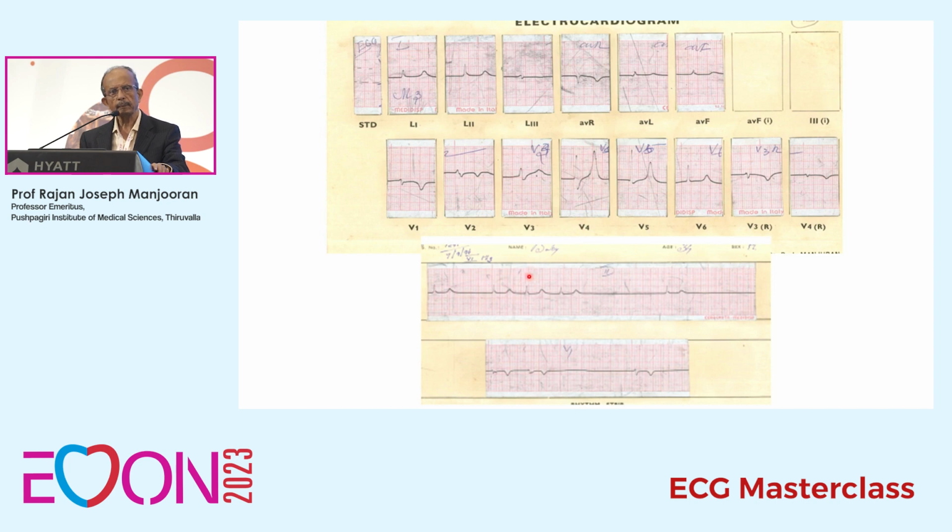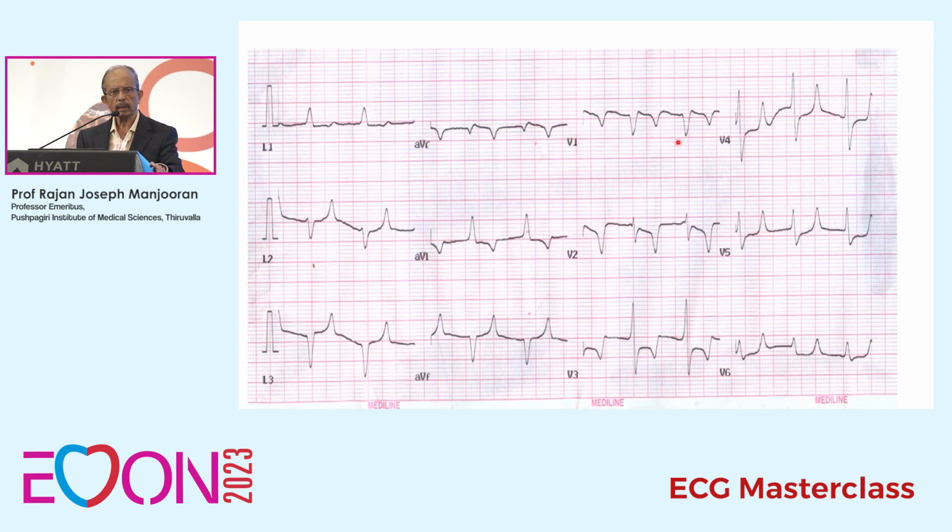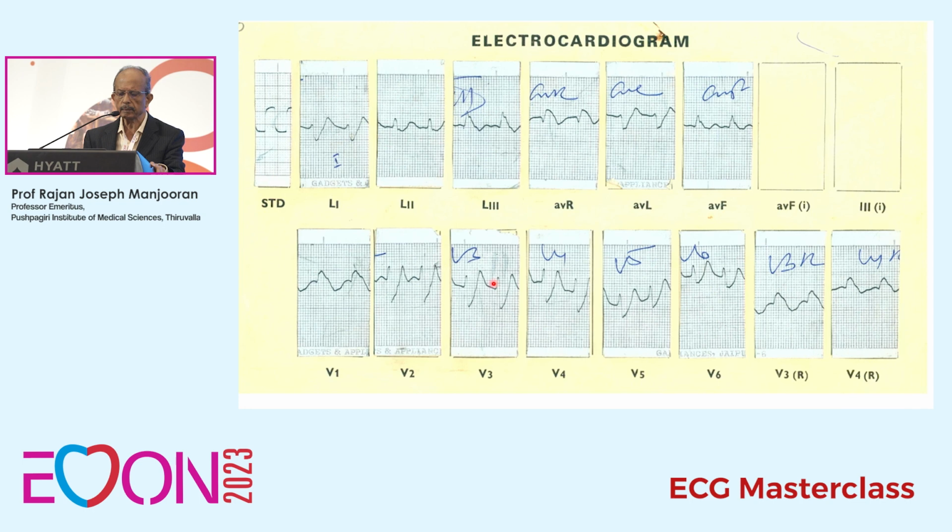Sometimes hyperkalemia is a big masquerader. You can see multiple electrocardiographic abnormalities in hyperkalemia. This is an example of hyperkalemia. You can see tall T waves. You can see some rhythm abnormality. It's another example of hyperkalemia. You can see tall peaked T waves, some ECG abnormalities.